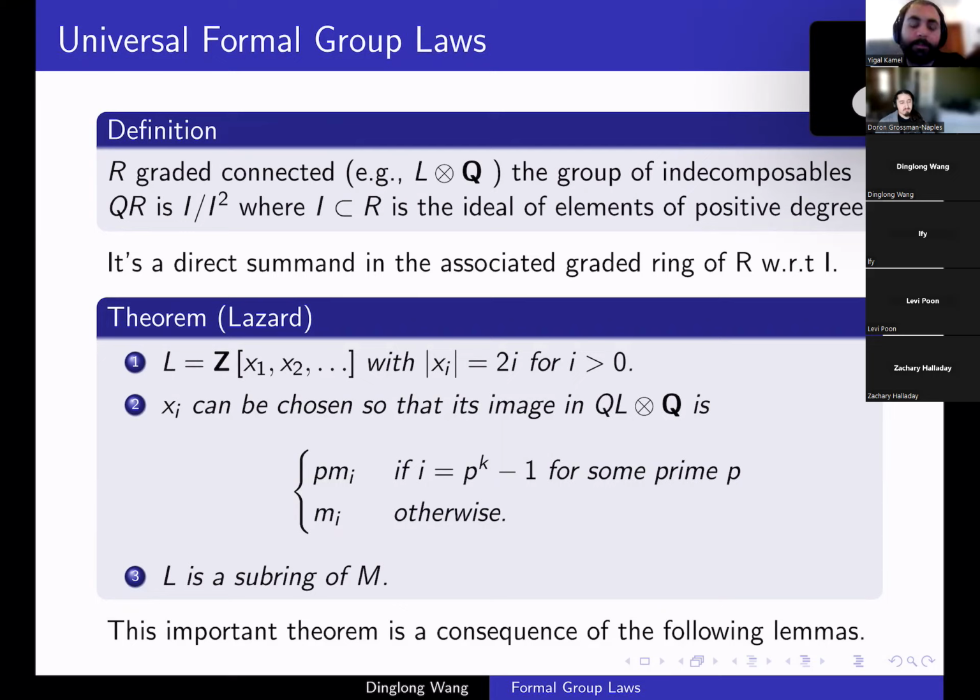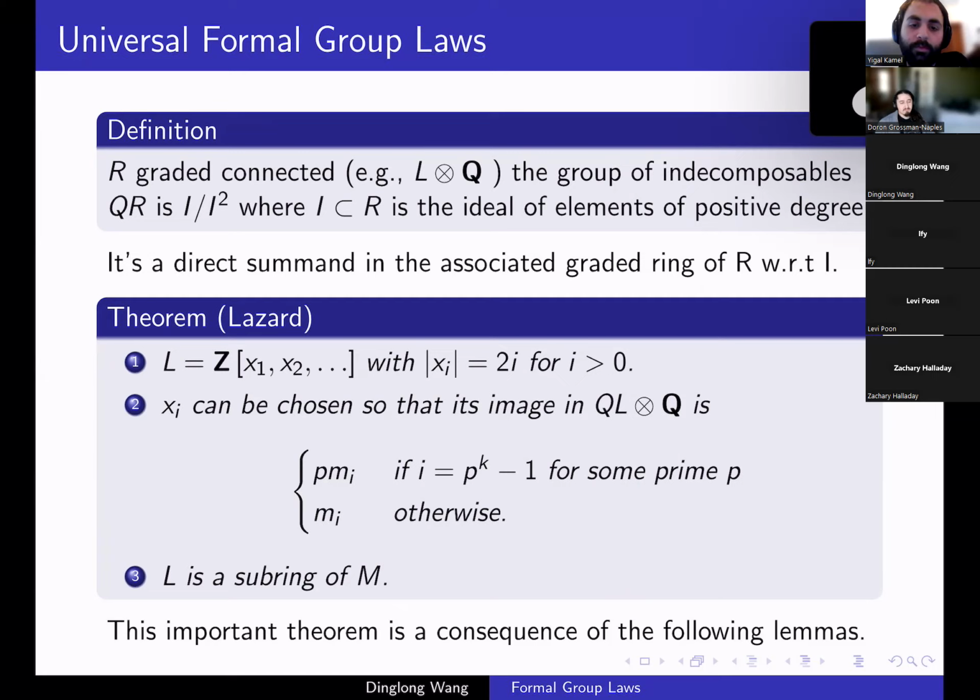It's just a free polynomial ring generated by x_i's with integer coefficients. And you can choose these generators so that their image in the indecomposables of L tensor Q is p m_i if i is one less than a power of p, and m_i otherwise. And third, L is a subring of M.